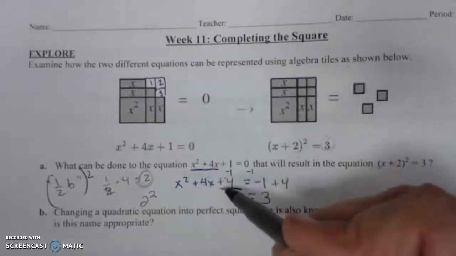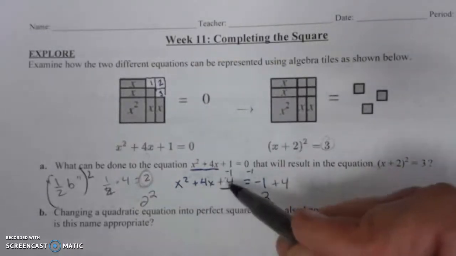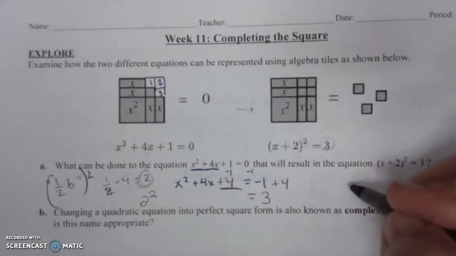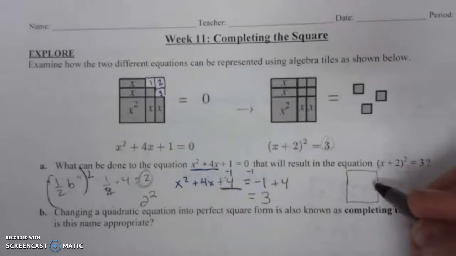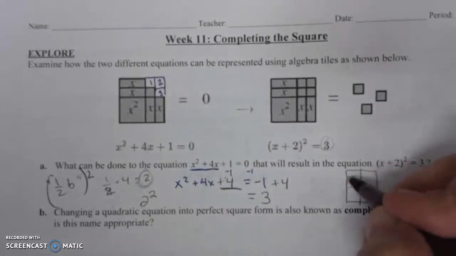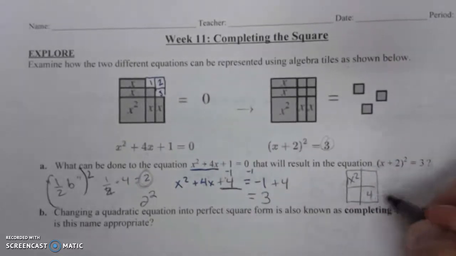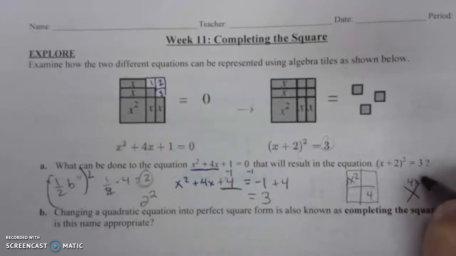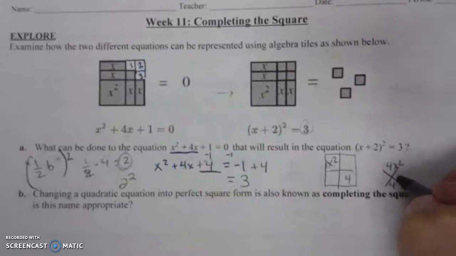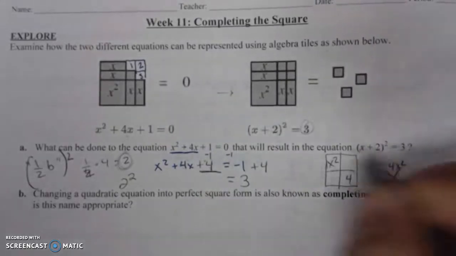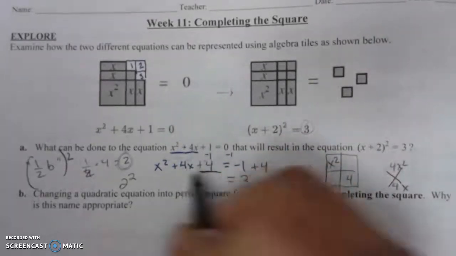How do we get this x squared plus 4x plus 4 to look like this x plus 2 squared? Well, we can use our box that we've used in the past, and we have x squared and 4, and so we have 4x squared when you multiply those, and then 4 on the x on the bottom. This middle term goes on the bottom.